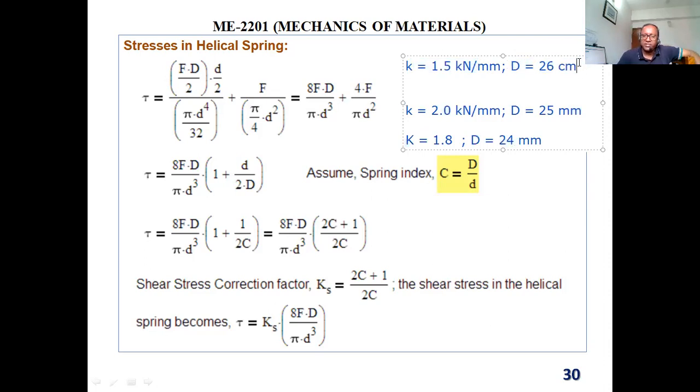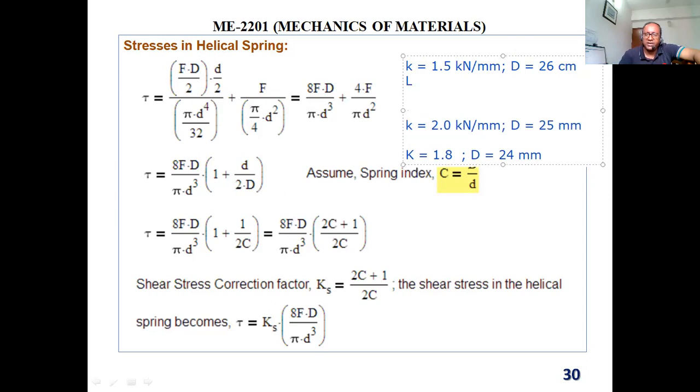This will be the free length of the spring, L equal to this much. Could you make it for me? I want this material. Then they will make it for you. Otherwise, you have to go through the company catalog, whichever product comes very close to your requirement, because making a custom spring is expensive.